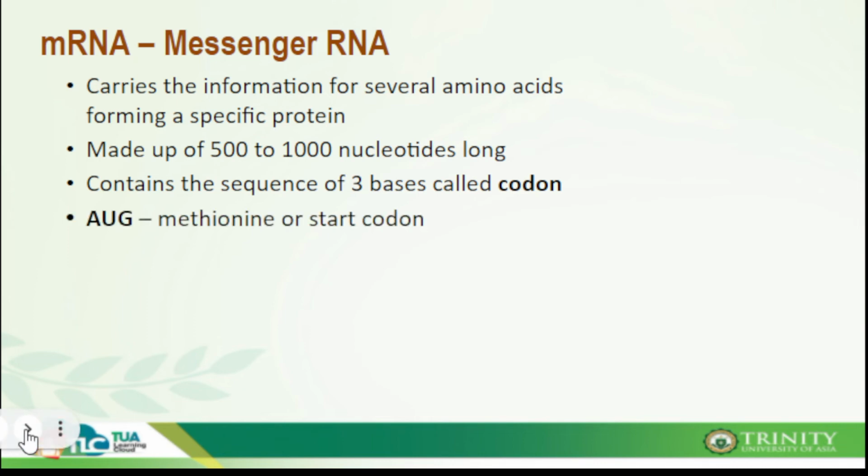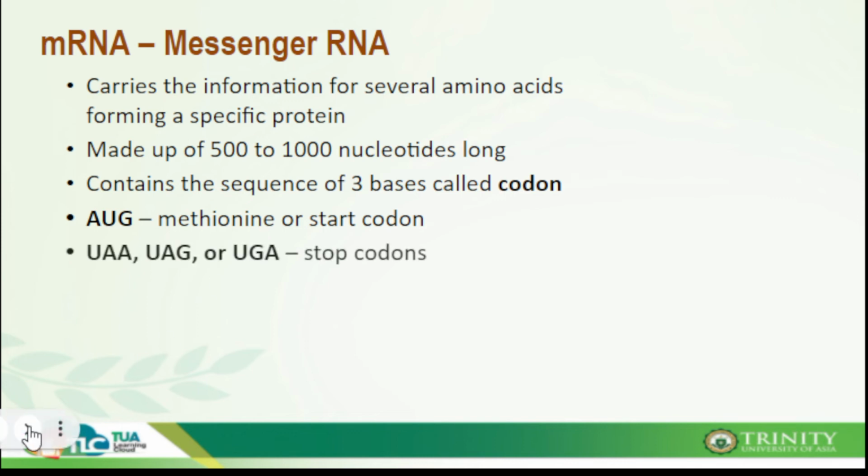So usually, the mRNA always begins with the 3 base pairs of A, U, and G. A, U, and G. So that is your start codon. Other than that, itong tatlong base pairs na to, once it is read, it will also produce the amino acid methionine. So, all proteins made from your mRNA will always begin with methionine.